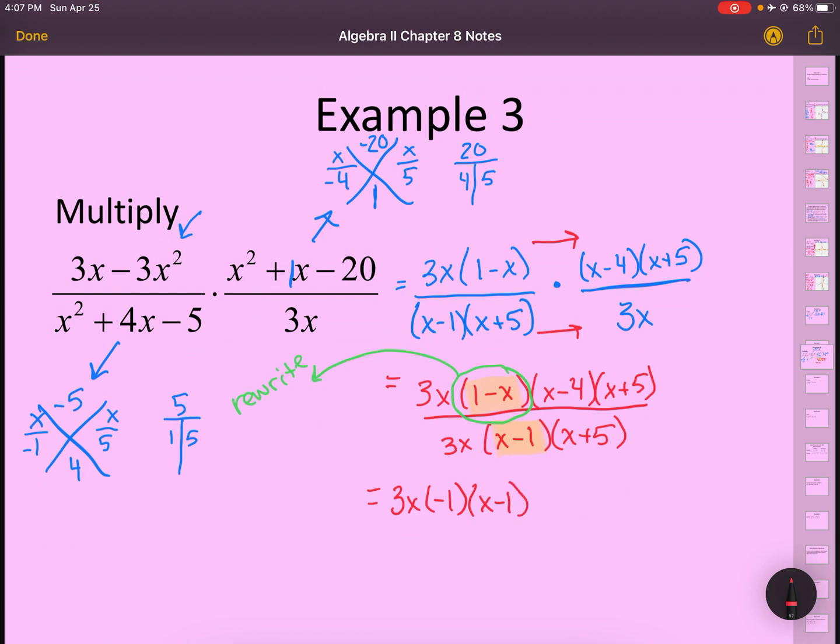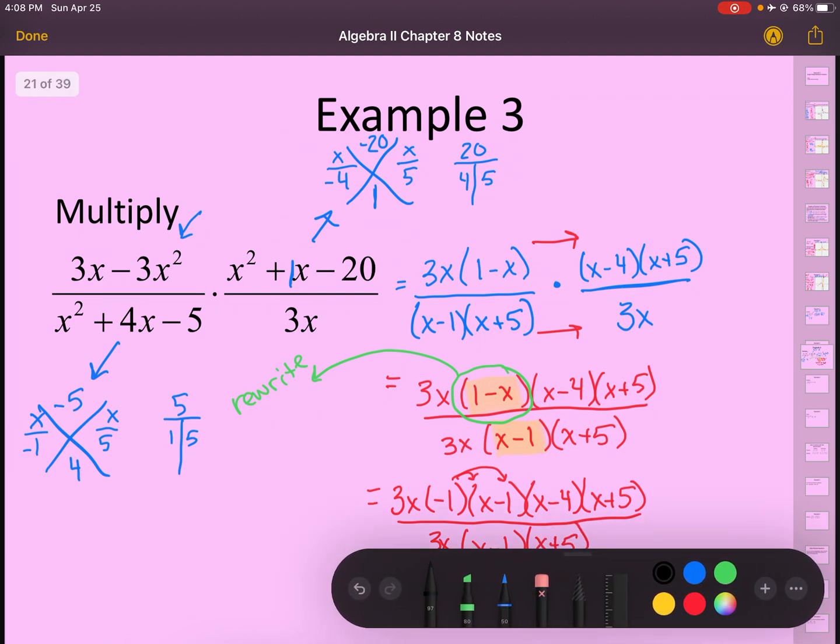And you can check yourself too, because if I distribute the negative 1 back to it, I'm going to have a negative x and a positive 1, which is what we just started with there. Okay, then I'm going to have x minus 4 still there, and x plus 5 all over 3x, x minus 1, and x plus 5.